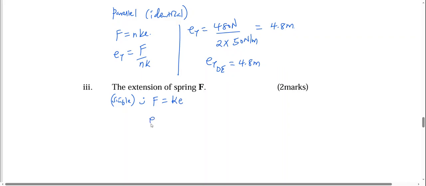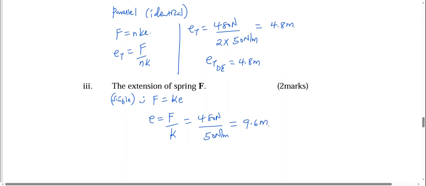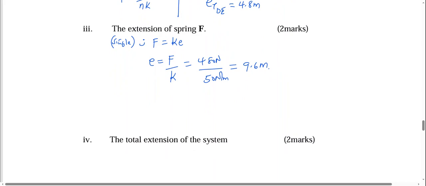So making e the subject, e is equals to F all over k, which is 480 Newton all over 50 Newton per meter. This results to an answer of 9.6 meter.